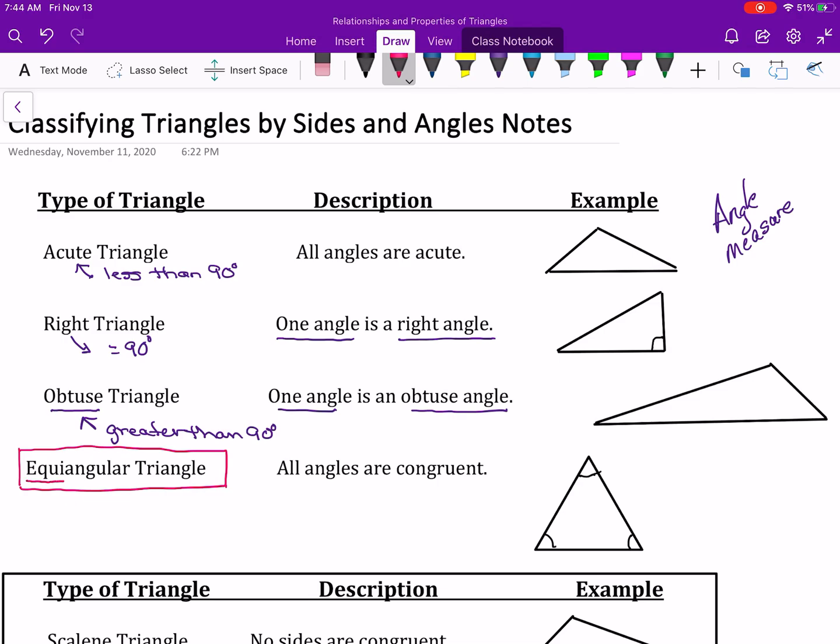Equi is a prefix for equal, and the angular part means angle. So equal angles, equiangular. It's a more specific name for this particular kind of acute triangle. So four names.